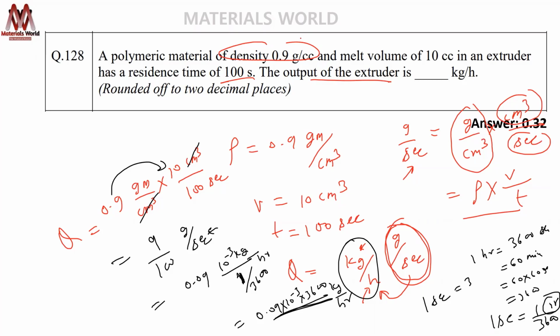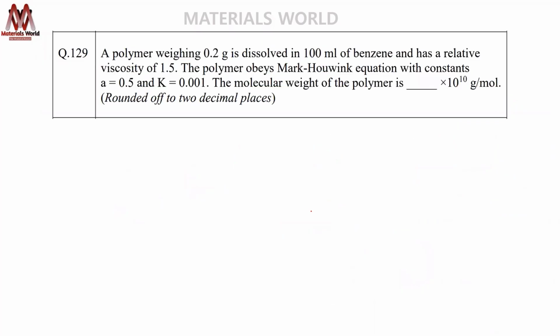Now, this question was very tricky because anyone who has learned the Mark-Houwink equation without using common sense or understanding the dimensions or units would struggle. So if you see the Mark-Houwink equation, what does it tell?